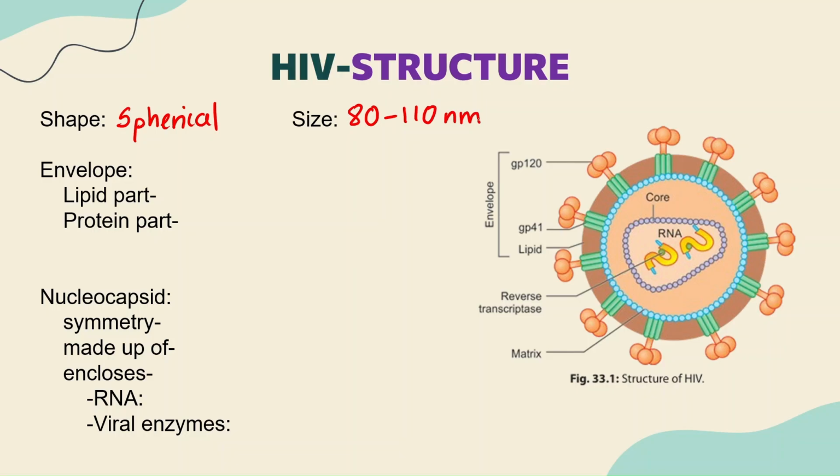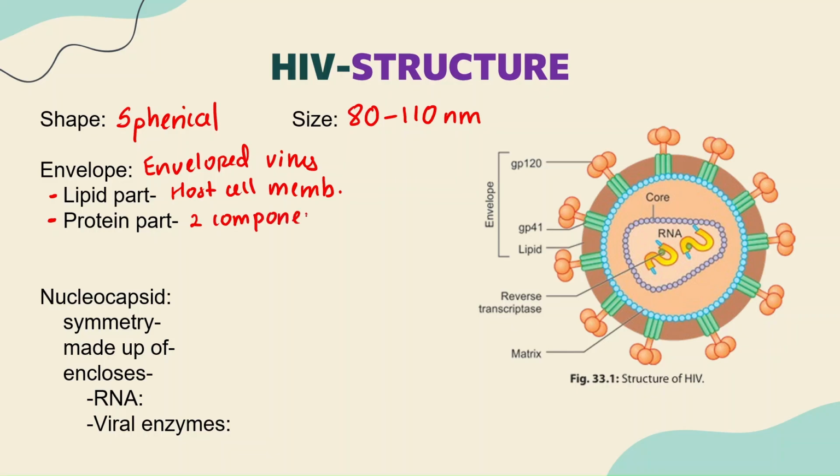Now, please remember, the HIV virus is an enveloped virus, and it has two components: the lipid part and the protein part. The lipid part is derived from the host cell membrane. So the lipid part of the HIV virus envelope is derived from the host cell membrane. The protein part is made up of two components.